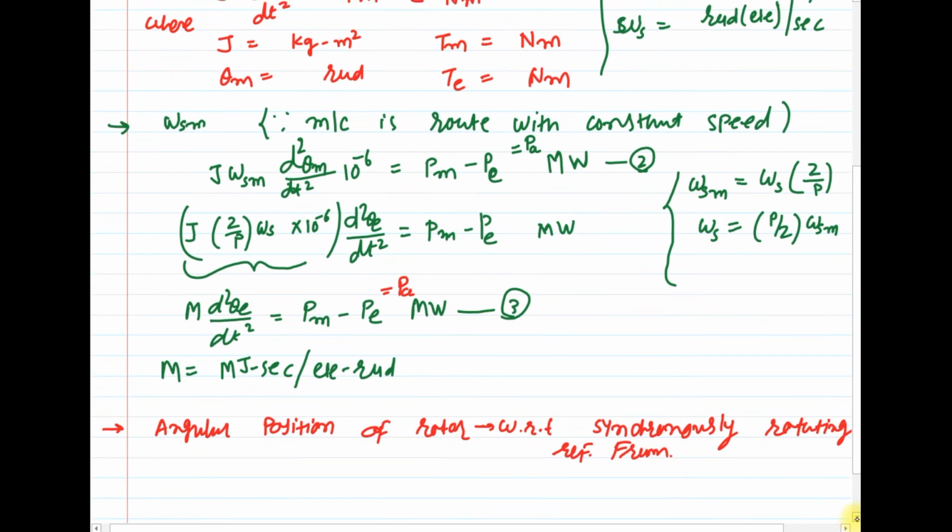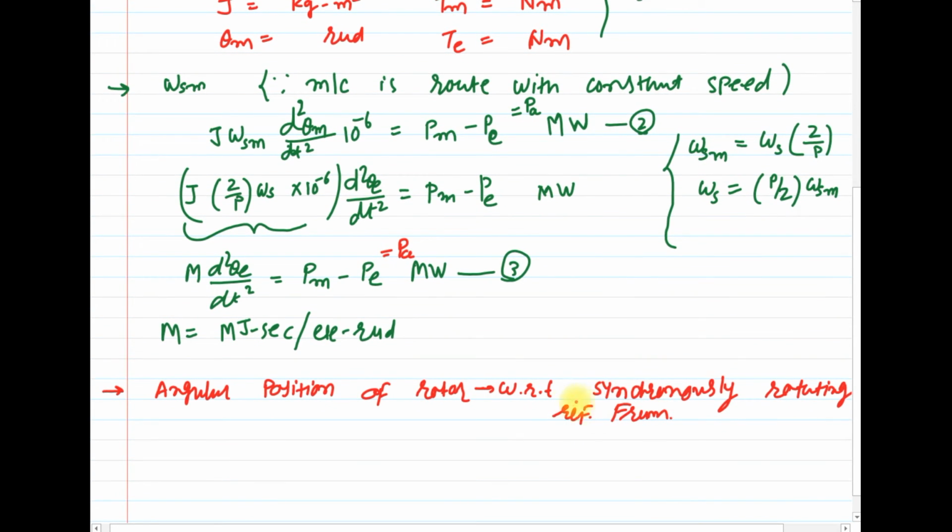We are not going deep into the concept of reference frame, but just keep in mind we have to calculate the theta e with respect to some value, and here we have considered that value which is the synchronously rotating reference frame. Clear?